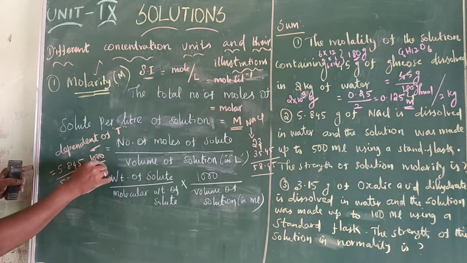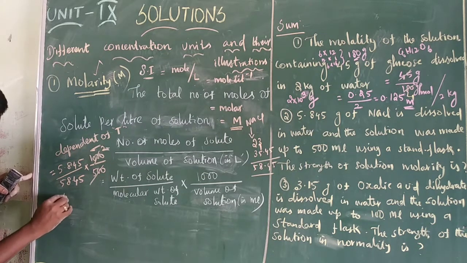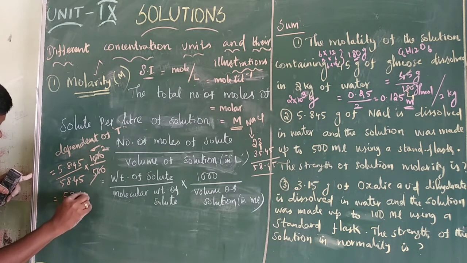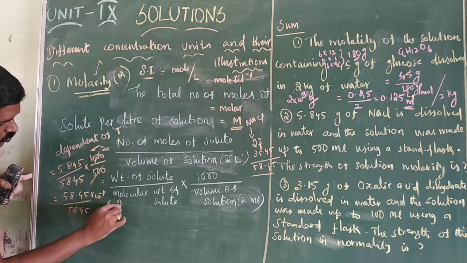Okay, students. So 1 time, 2 times. That is equal to 58.45 into 10 power minus 1 divided by 58.45 into 2.